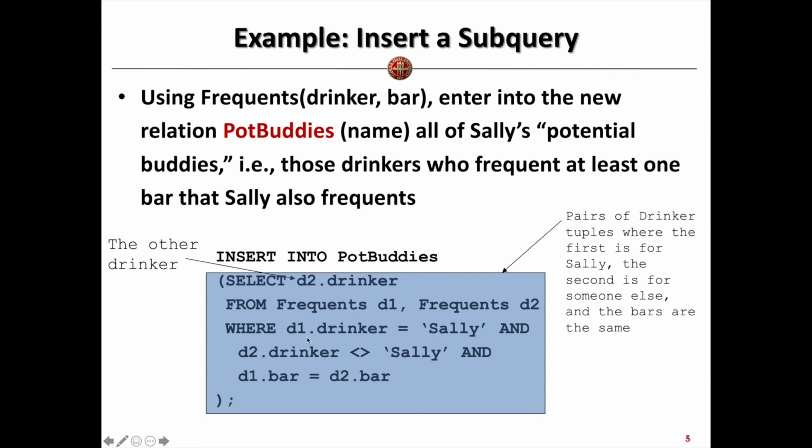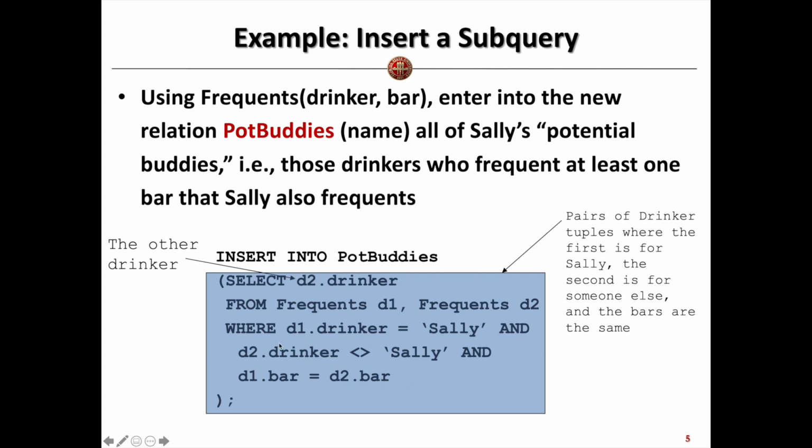Where D1 dot drinker equals Sunny is a condition, right? And then we have to join these two tables together, right? The D2 dot drinker not equals Sunny, and D1 dot bar equals D2 dot bar. So we join them together, right?